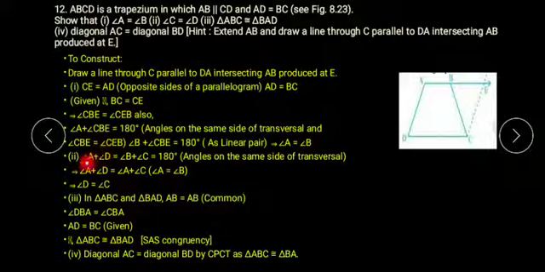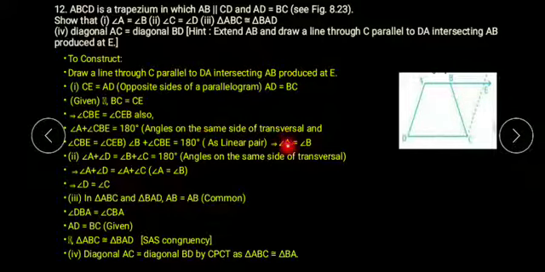Now similarly we can also say that angle B plus angle CBE is also equal to 180 degree. Okay, see here this one. Angle B means ABC plus CBE equal to 180 degree, because the sum of these two angles will give you 180 degree.